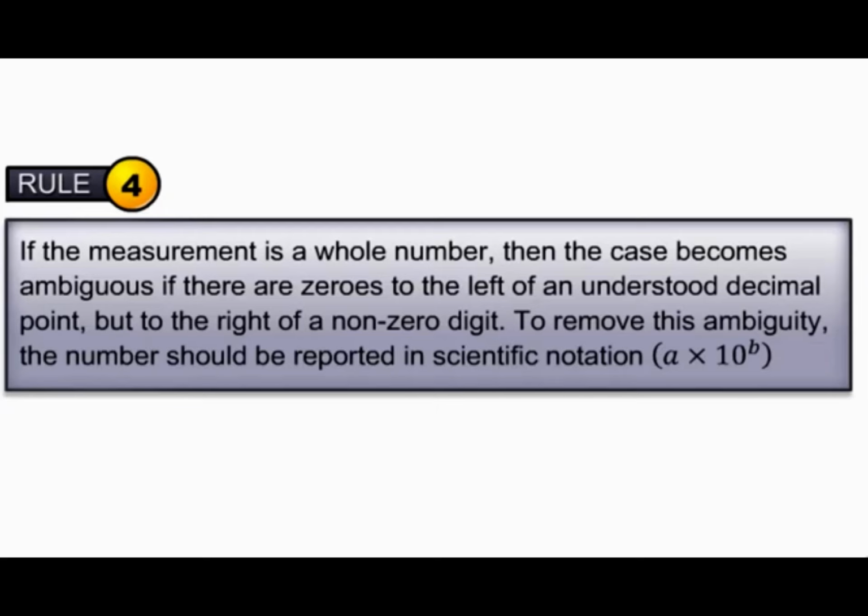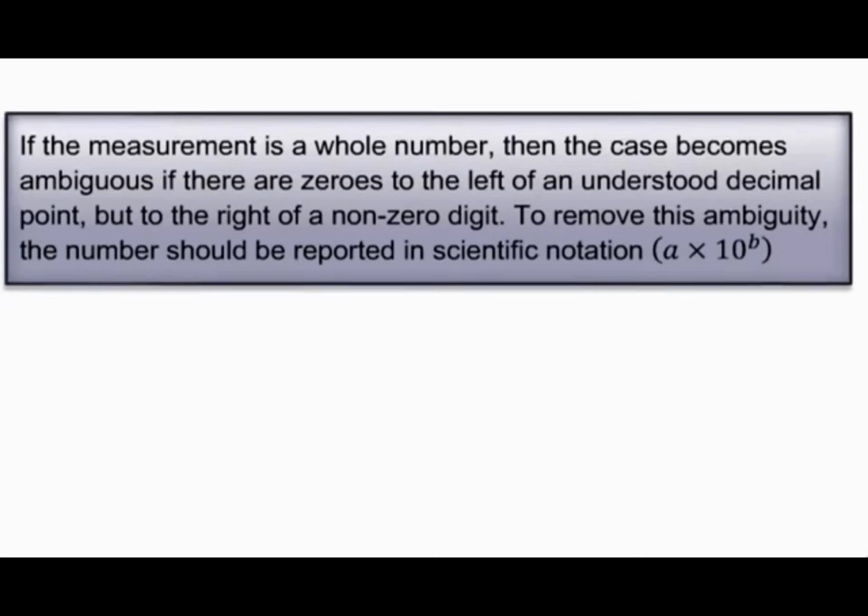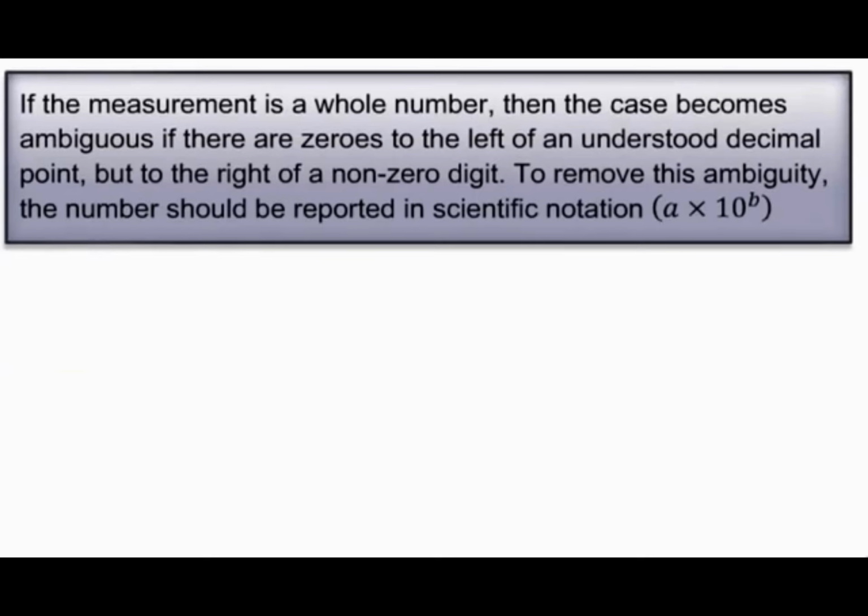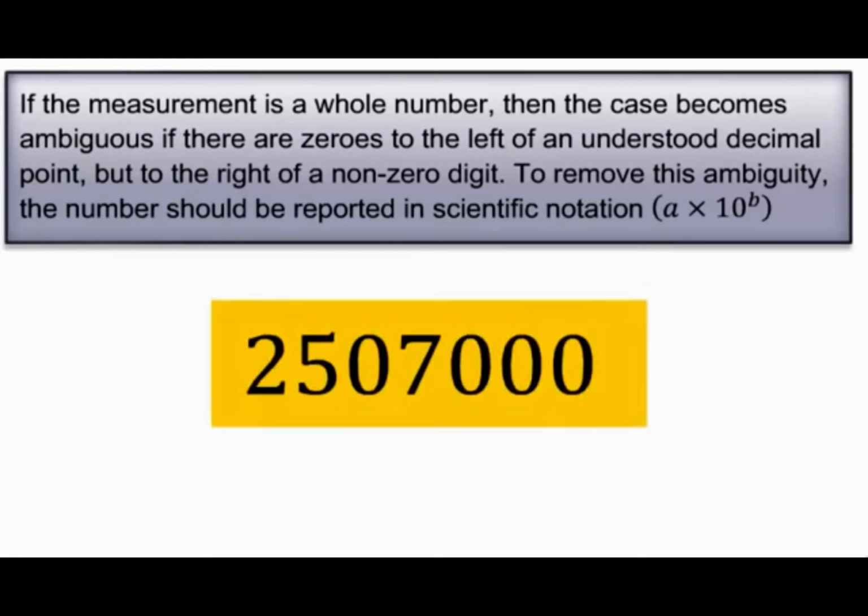That is, a into 10 raised to power b. For example, let's take a number 2507000. This is a whole number. According to rule number 1, there are 7 significant digits in this number.